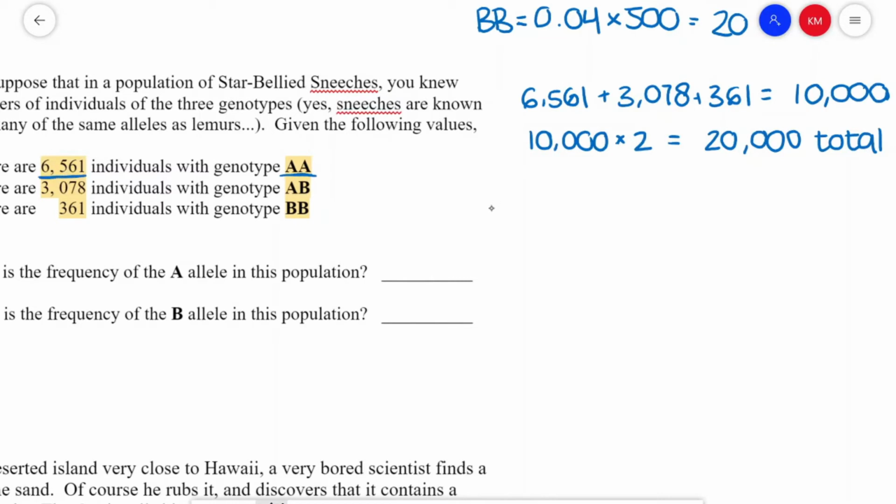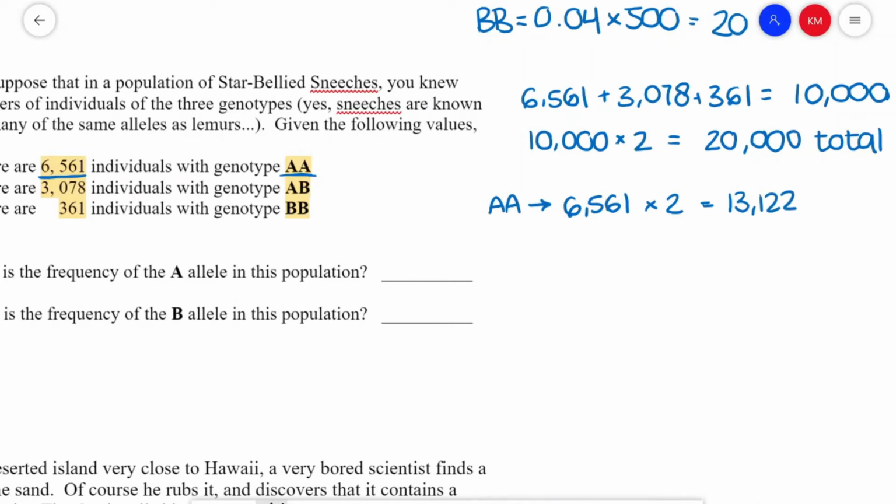In that AA genotype, there are 6,561 individuals, and all 6,561 of them have 2 A's, right? So we're just focusing on how many A's we have. So right off the bat, we have to multiply the population of AA genotype by 2, because each one of those has 2 A's. Okay, so you should get 13,122.